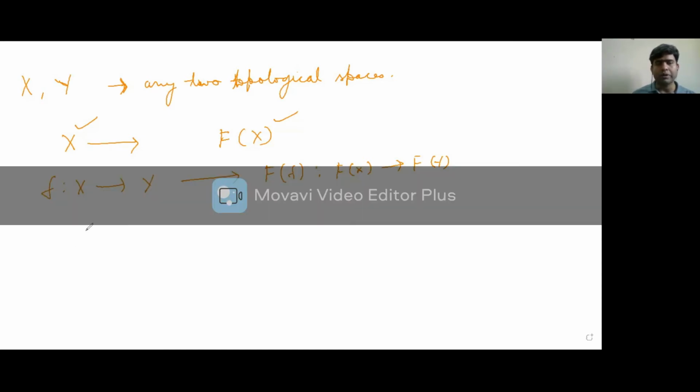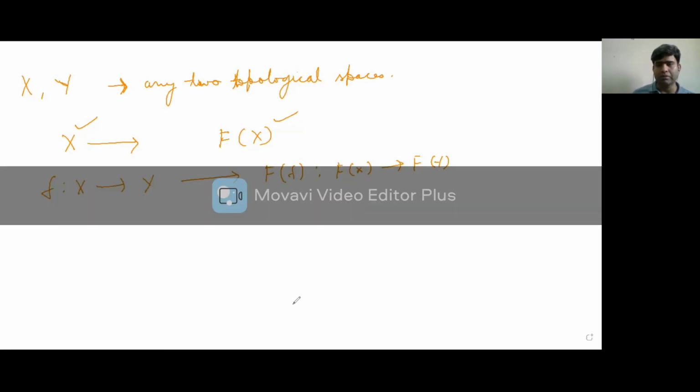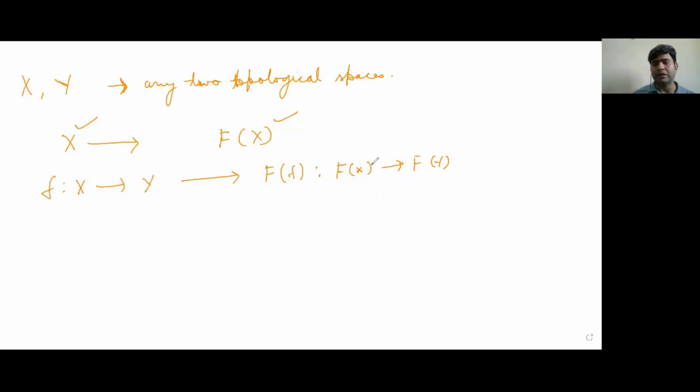So what we do is, if x and y are equivalent, then f(x) and f(y) will be equivalent. Given any two groups, there are so many techniques available to decide whether they are equivalent or not. So if we can decide that f(x) and f(y) are not equivalent, then definitely x and y will not be equivalent.